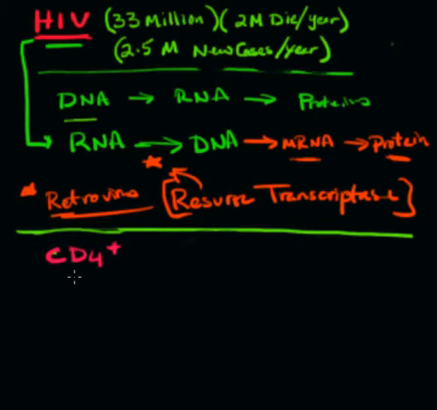But because of CD4+, the virus is able to infect our cells. The most popular cell in our body that gets infected by HIV is the T helper cell. T helper cell is the most popular one, but we have other cells that get infected by HIV.